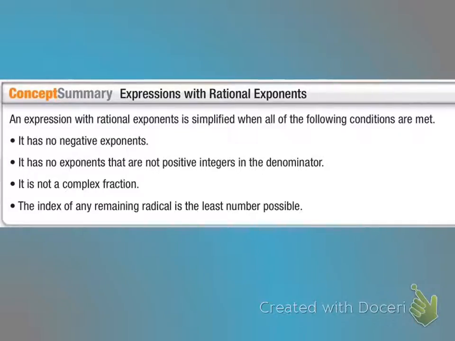Your big ones are the top 2, those first 2. No negative exponents and no exponents that are not positive integers in the denominator. So kind of like how the first section of chapter 5, when we did all those big exponent rules, those 7 exponent rules, we had a list there. This is kind of the same deal.